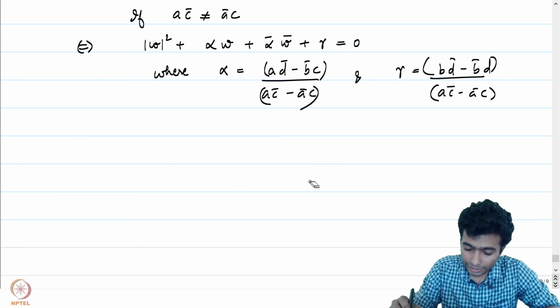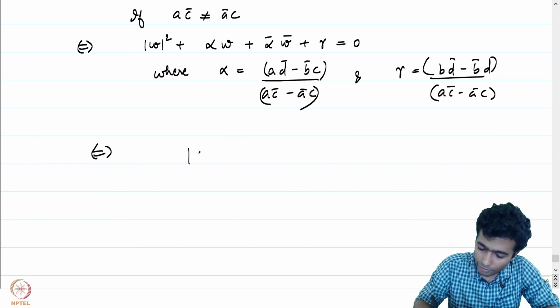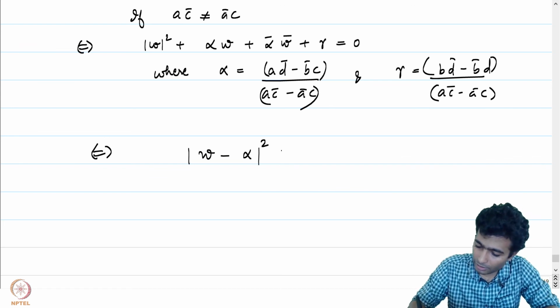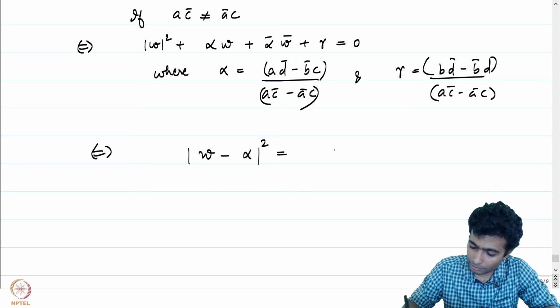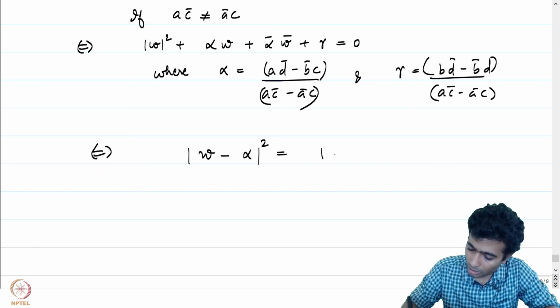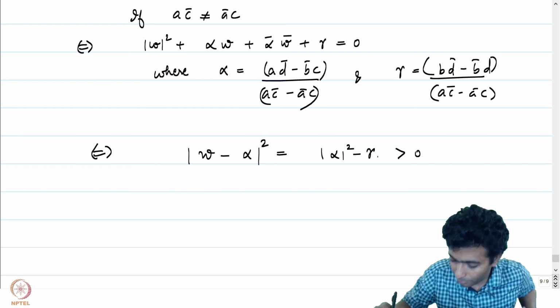The expression here can be very easily rewritten as |W − alpha|² equal to, gamma minus gamma will come up here, this is going to be equal to |alpha|² minus gamma. I'll leave it for you to check that this is going to be greater than 0.